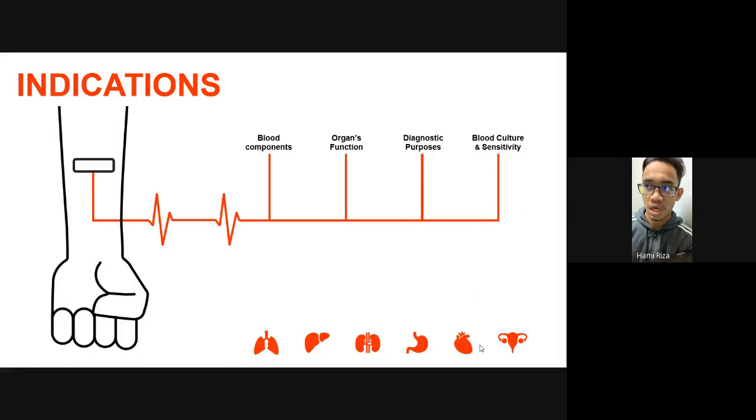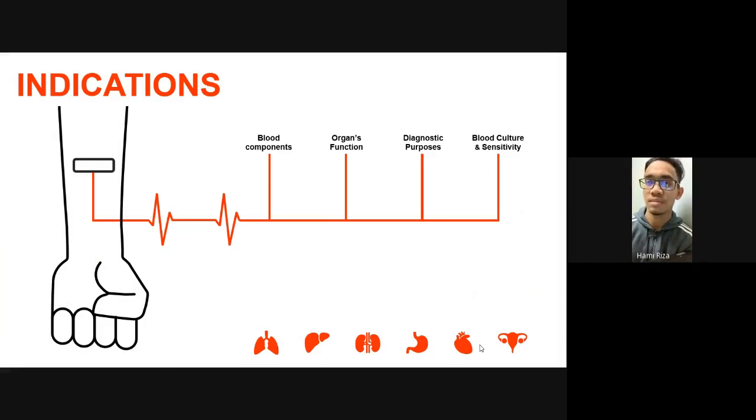Apart from that, venipuncture is also useful for diagnostic purposes. For example, if we suspect that our patient has a neoplasm, we can order a tumor marker, such as alpha-fetoprotein in a patient with hepatocellular carcinoma, or in other cases like myocardial infarction, we can order cardiac enzymes. And we can also order blood culture and sensitivity to screen for any infection.